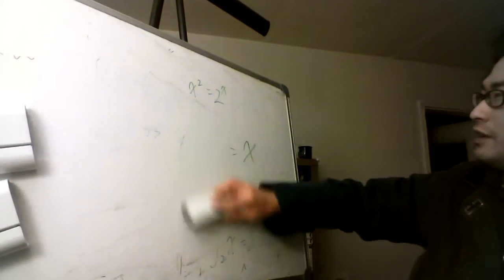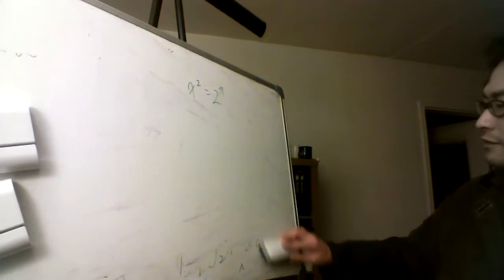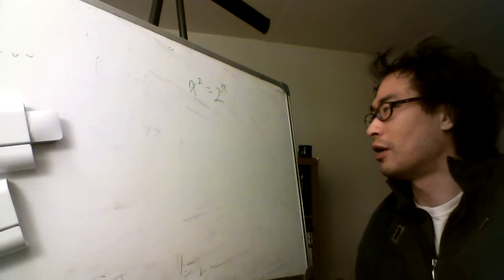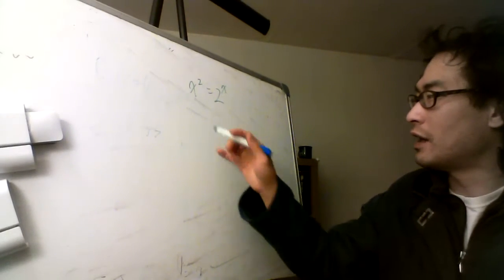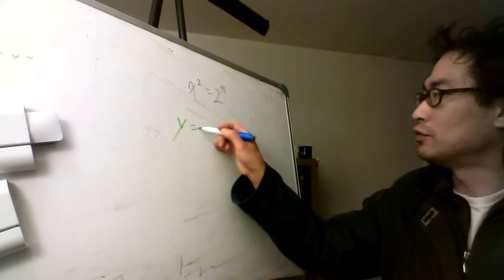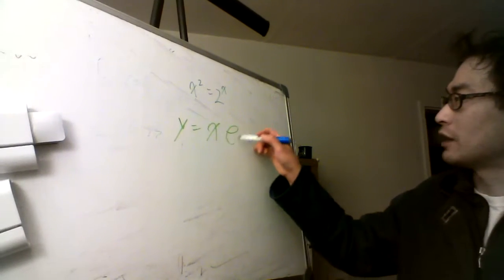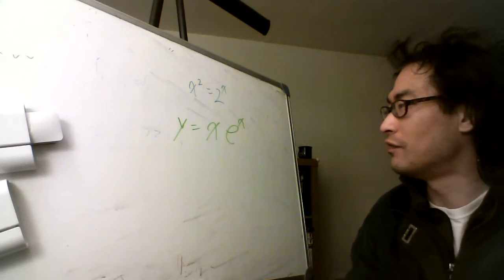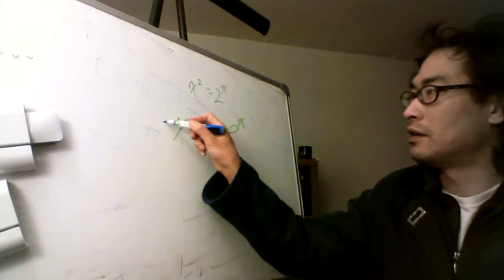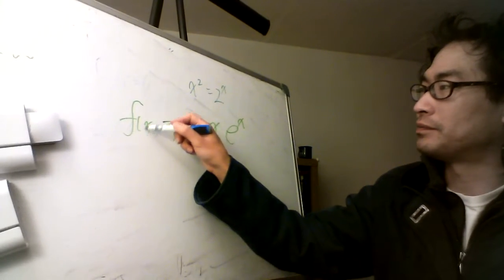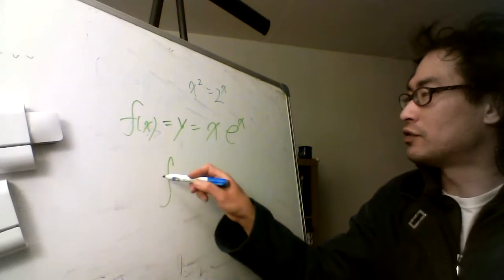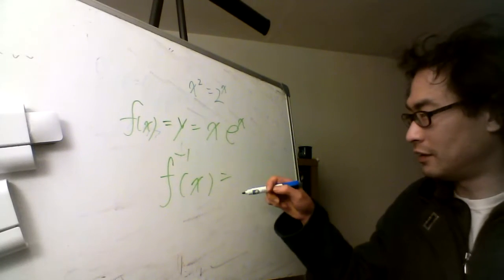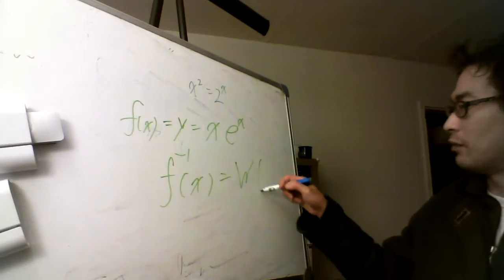The Lambert W function is, let's say y is equal to x times e to the x. The Lambert function is the inverse function of this. Let's say this is f of x. The inverse function of this guy is defined as this Lambert W function.